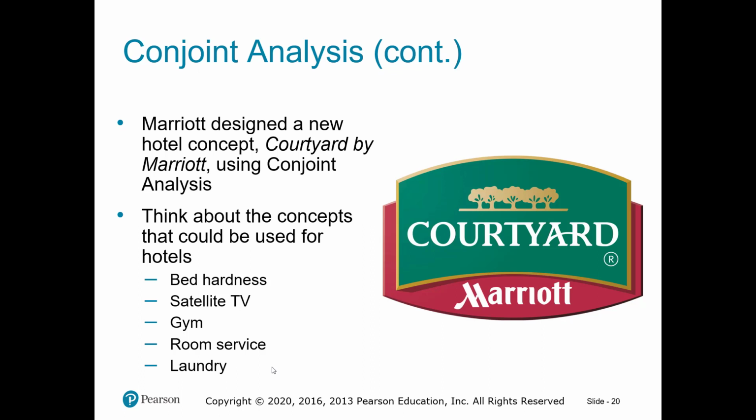And they used this conjoint analysis of trade-offs in consumer preferences to be able to design the perfect hotel chain for their target market of maybe your average business traveler.